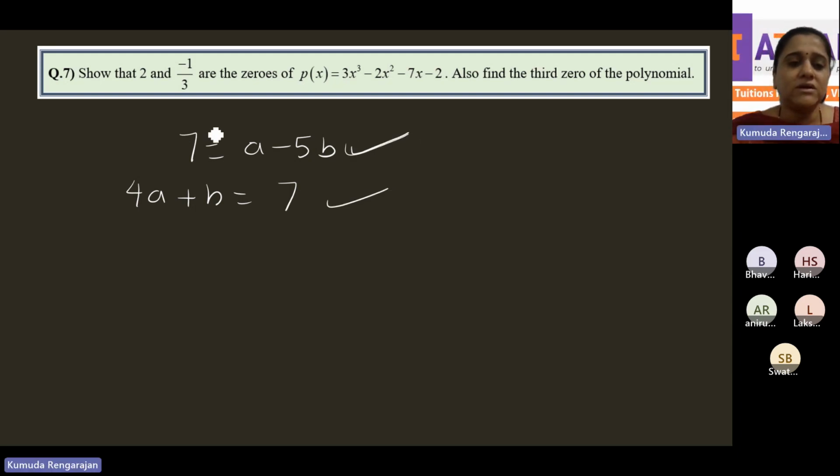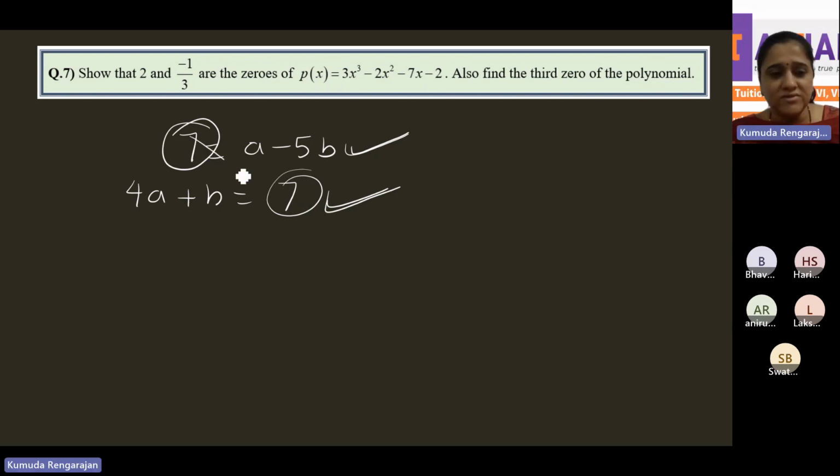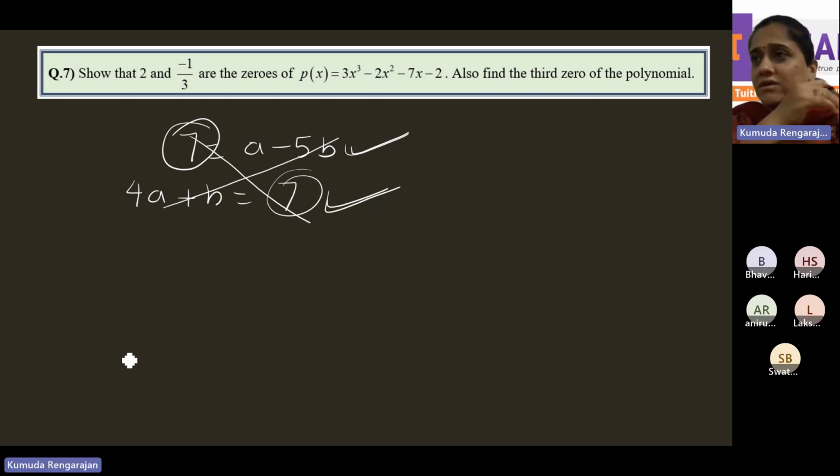In this equation, the left hand side is 7. And in this equation, the right hand side is 7. So in both the equations, one side is equal, no? So if these sides are equal, then the other sides will also be equal. Because 7 is equal to 7, a minus 5b will be equal to 4a plus b.